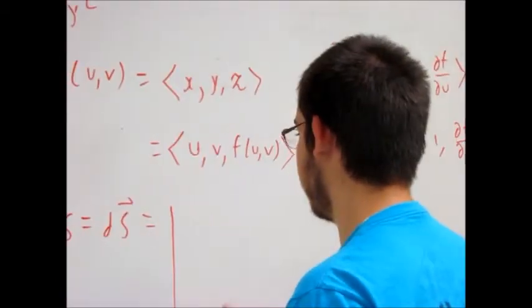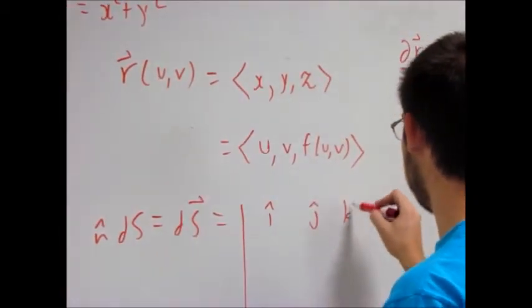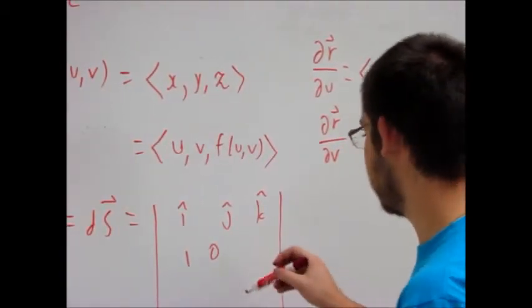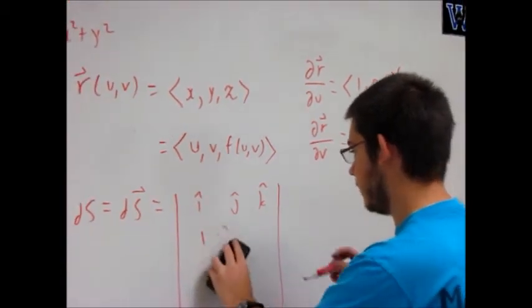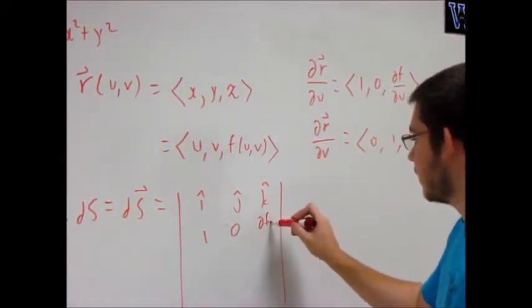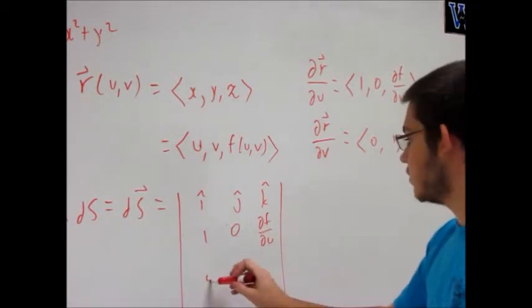Cross product would be 1, 0, partial f with respect to u, 0, 1.